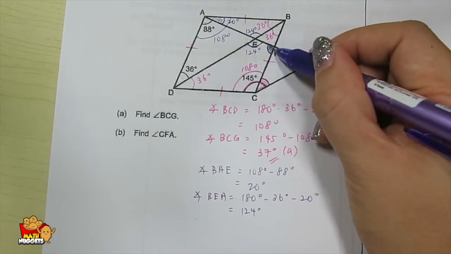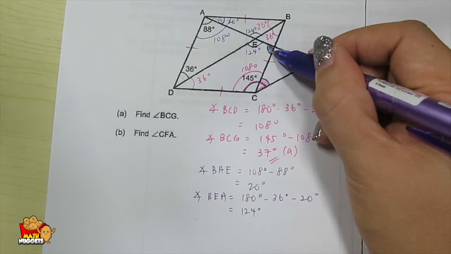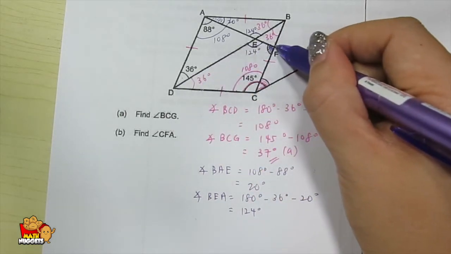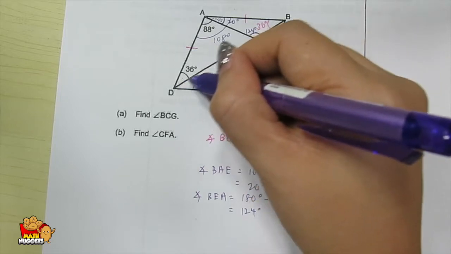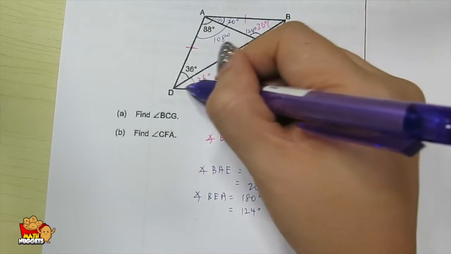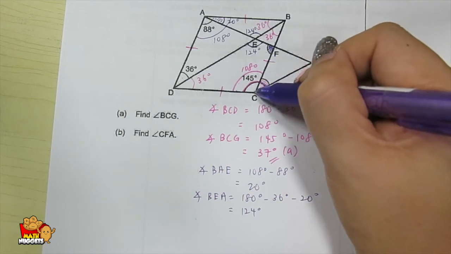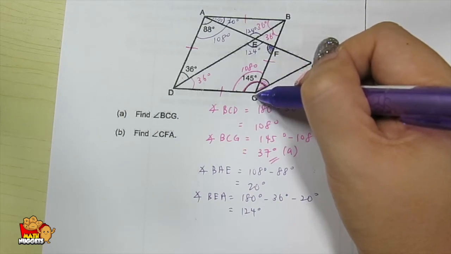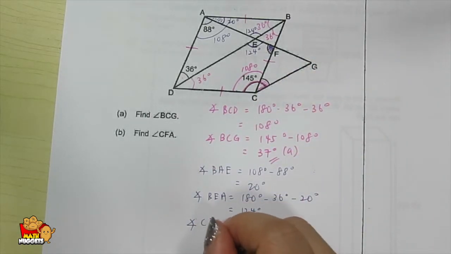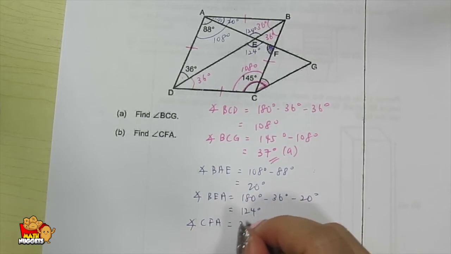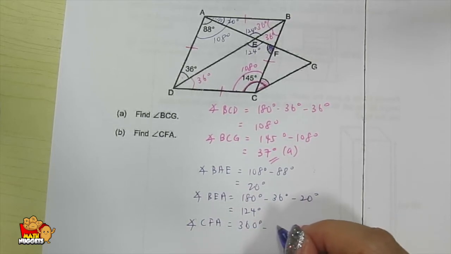So with this I can find angle CFA, because over here right now we have a four-sided figure. This has 4 sides, 1, 2, 3, 4. So any four-sided figure, the angles will add up to 360 degrees. So angle CFA will be equal to 360 degrees minus everything else.